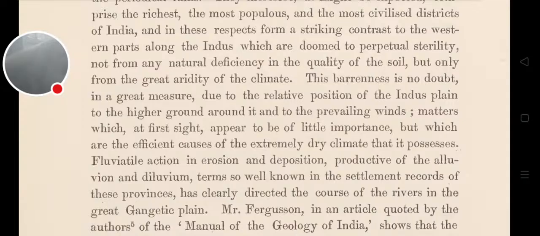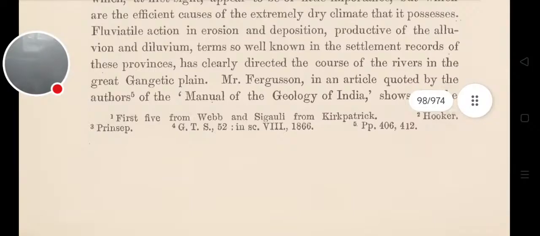Fluviatile action in erosion and deposition, productive of the alluvium and diluvium, terms so well known in the settlement records of these provinces, has clearly directed the course of the rivers in the great Gangetic plain.